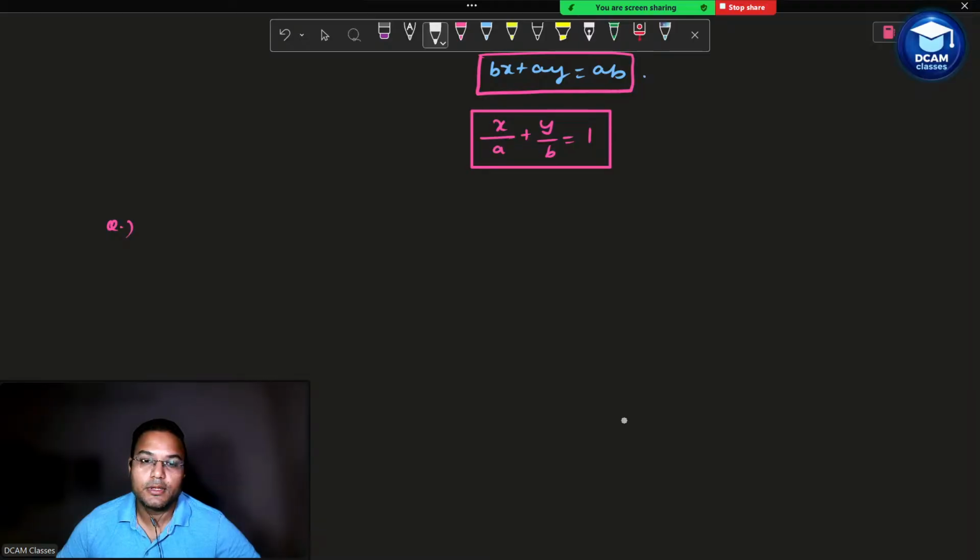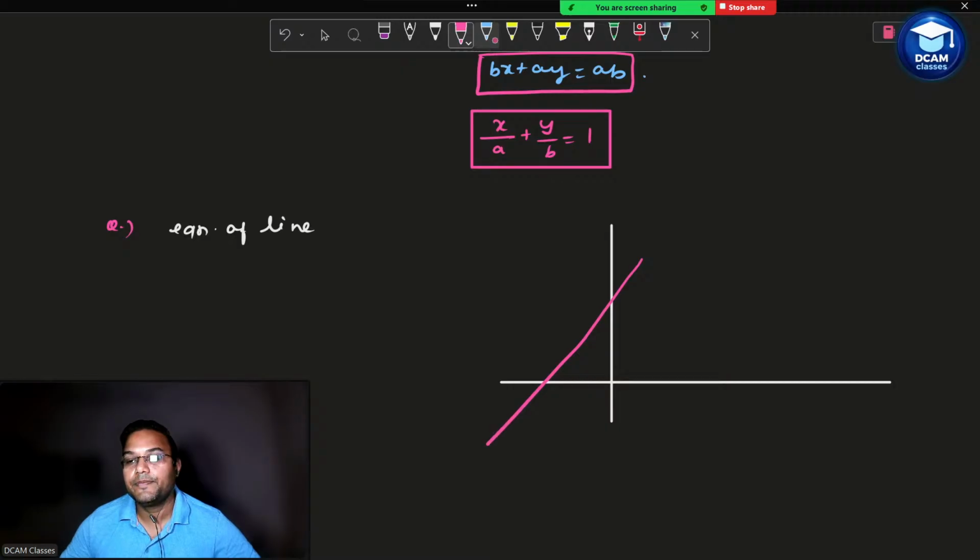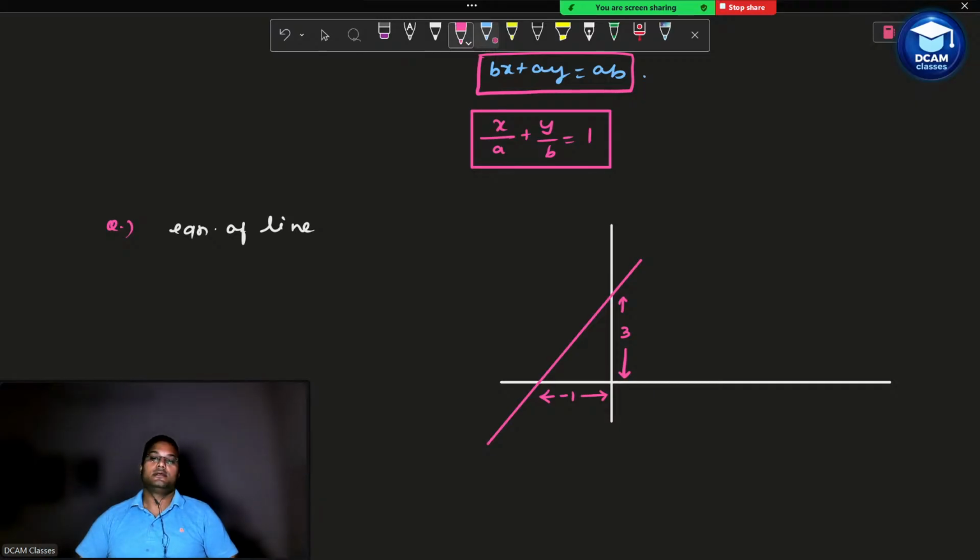Acha, now give me the equation of the line. I'll draw the diagram because you know what the x-intercept is. I want you to find the equation of a line in which this distance is 3 units and this distance is minus 1 unit. Give me the equation. Think properly. Acha, Lasya, once you solve it, don't give me the answer.